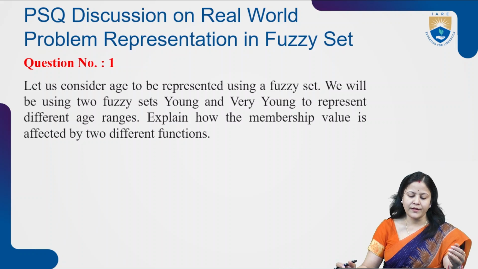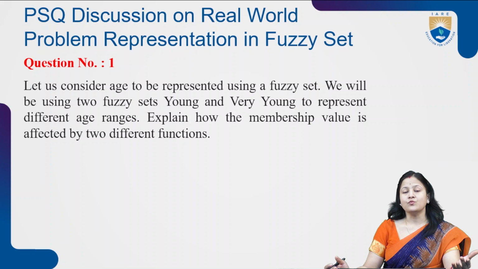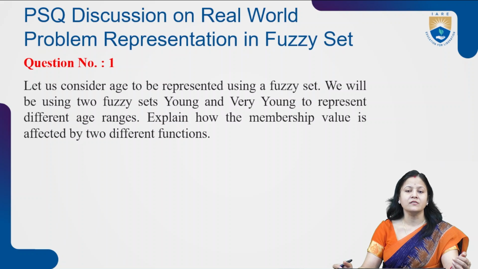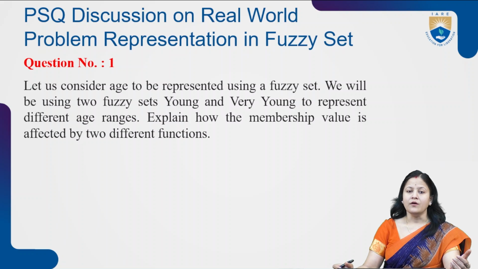Now, here I will discuss 2, 3, 4 questions related to the fuzzy set. Let me discuss what is the meaning of fuzzy set and why it is required in artificial intelligence. I have already discussed the theoretical concept in my previous video, but once again, let me repeat here. Fuzzy logic is not a logic like Boolean logic.